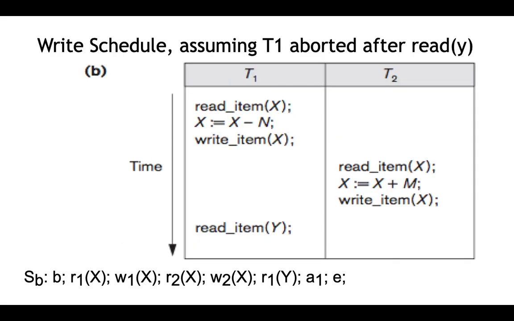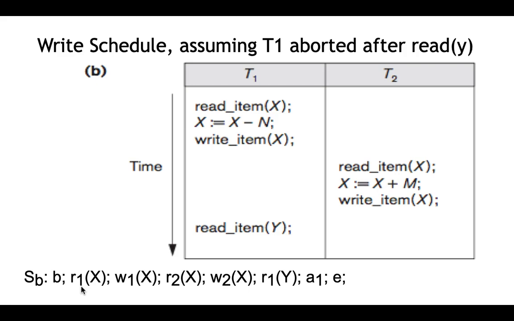Taking another example, in this example we have assumed that transaction T1 is aborted after read item Y, and abort is represented as A in the schedule. Let's analyze the schedule.